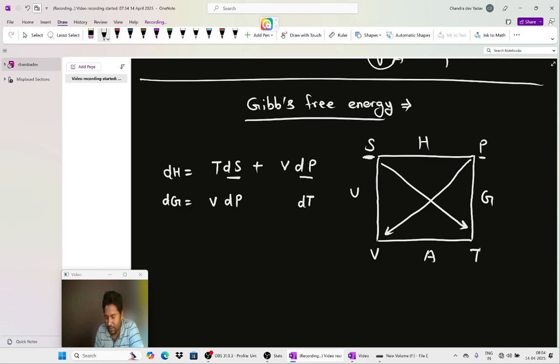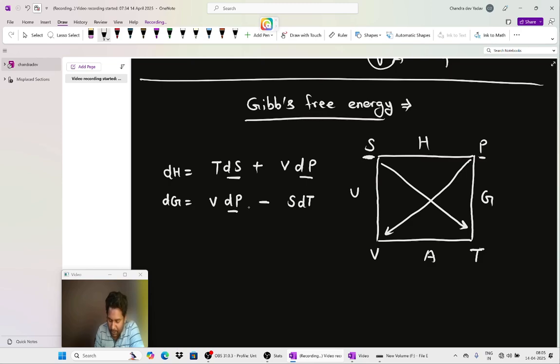And in the case of temperature, the arrow is coming towards temperature and entropy is constant, so the term will be negative. If the arrow is coming to your variable, then it will be negative.